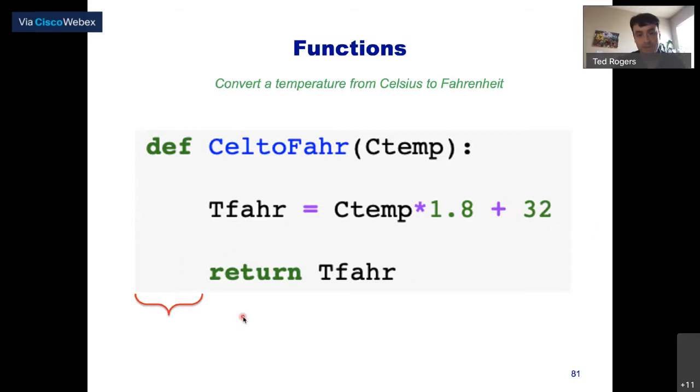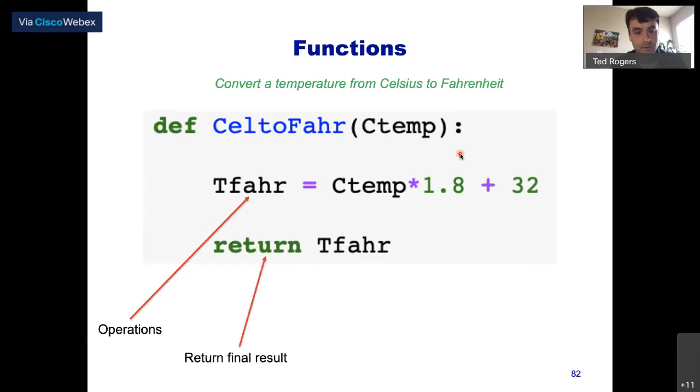First of all, I put a circle here. One of the common mistakes is to forget that colon. We've got the operation here. Then you return whatever the value is that you want to return. So in this case, I calculate the temperature in Fahrenheit, and that's what I want to return.